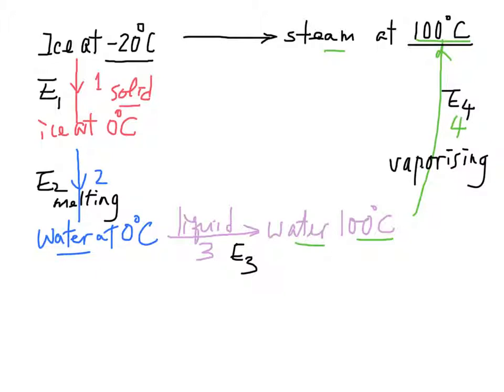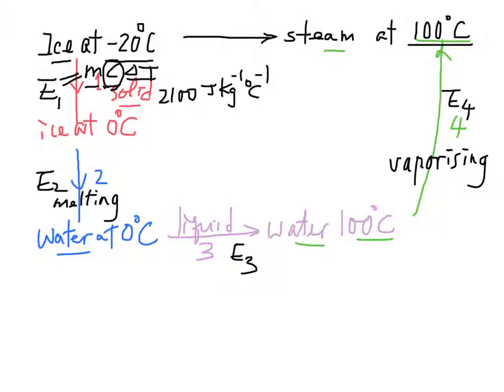You have learned how to find E1 and E3 in Chapter 1. E1 equals mc delta T, where m is the mass of water or mass of ice. c is the specific heat capacity of ice, which is 2100 joule per kg per degree Celsius.